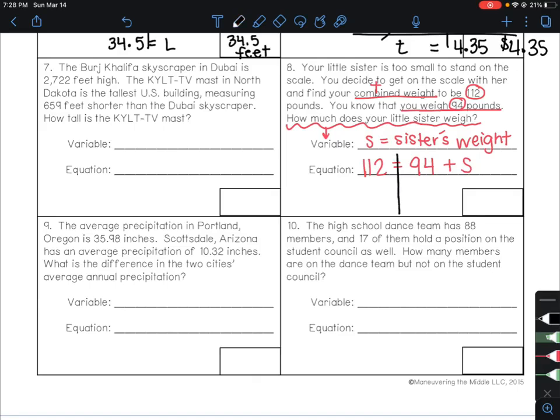Draw your line down. Subtract on both sides the 94. That makes a 0, exactly how we wanted it. And we just have S left over on that side. And then 112 minus 94 is 18. So she weighs 18 pounds.